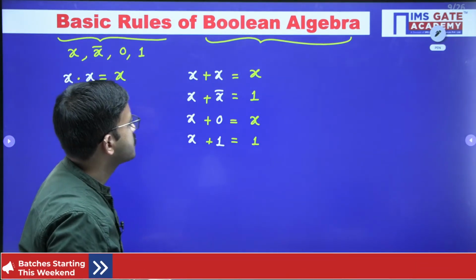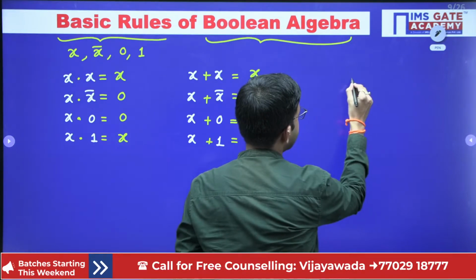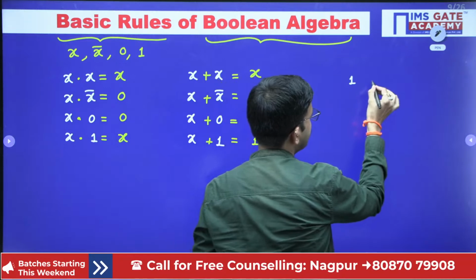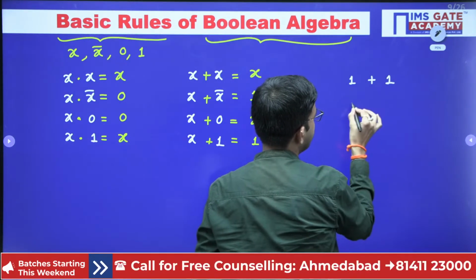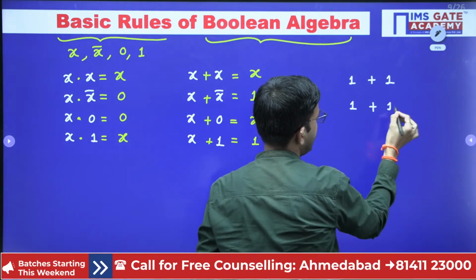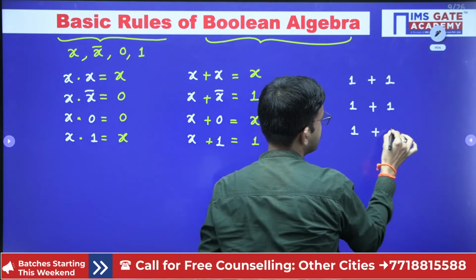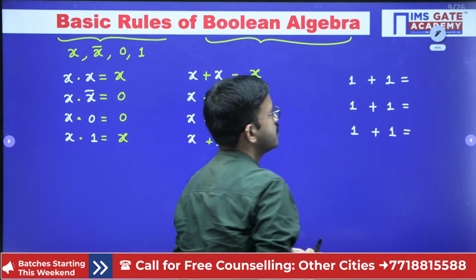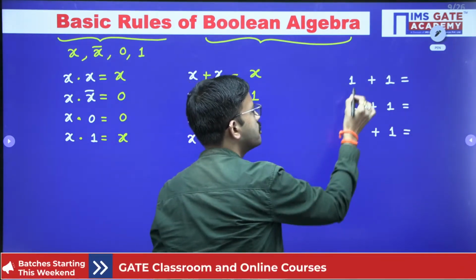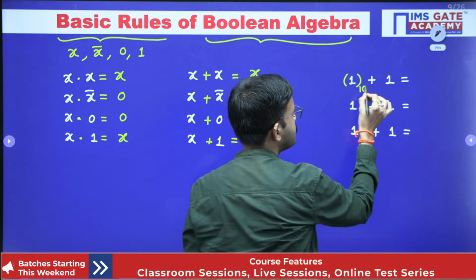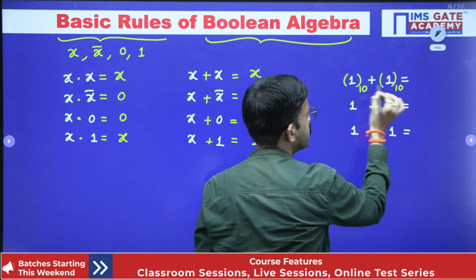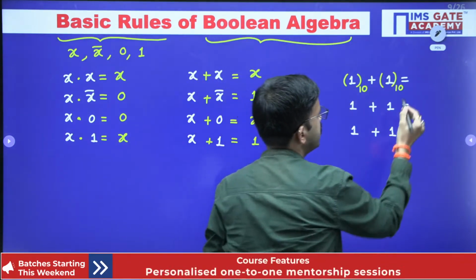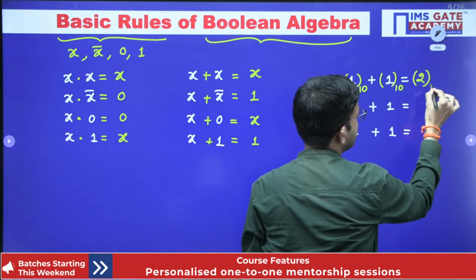Okay, right. For example, if I consider two numbers 1 and 1, here I am discussing three cases. In the first case, suppose both are decimals. If you perform addition of two single ones, the resultant output you will get is 2 in decimal form.